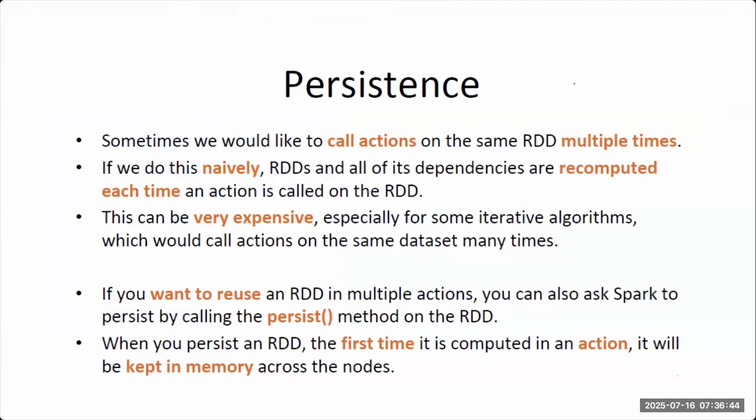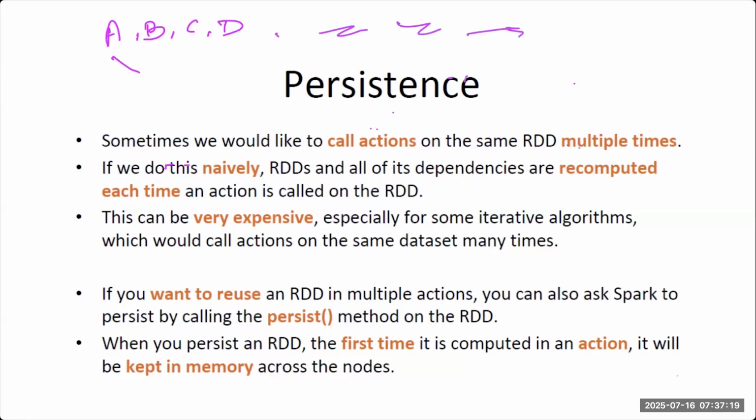So let's just see what persistence is. Let's suppose we have four tables, A, B, C, D, and we have a series of transformations, like we are doing multiple transformations on them.